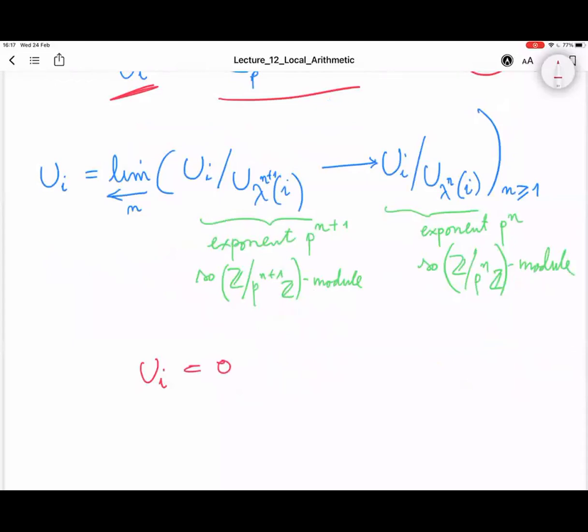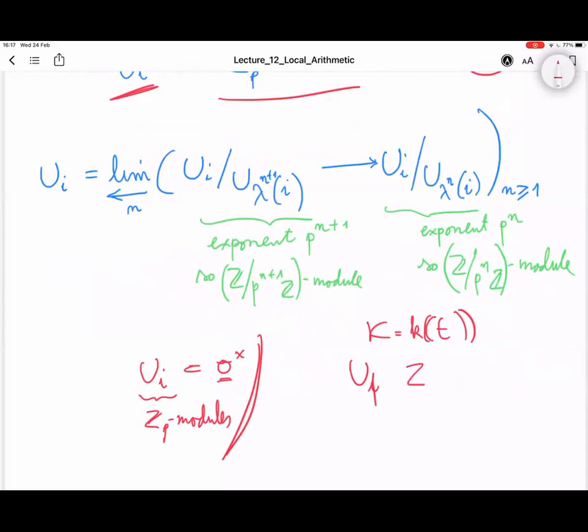They are subgroups of the multiplicative group, and I'm claiming that these are also Z_p modules. Remember, when K was equal to little k Laurent series in t, then we had U_i, and we had made U_1 at least into a Z_p module.